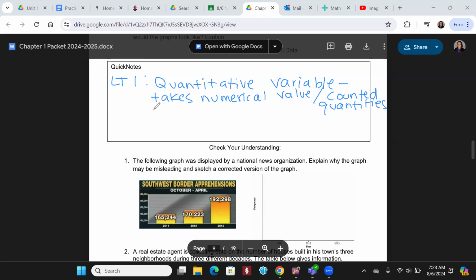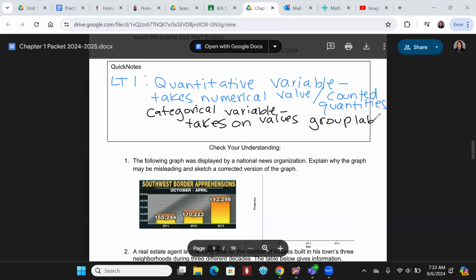Okay, we also talked about categorical variables. And that's where we take on values that are group labels. Again, write small. Or category names.